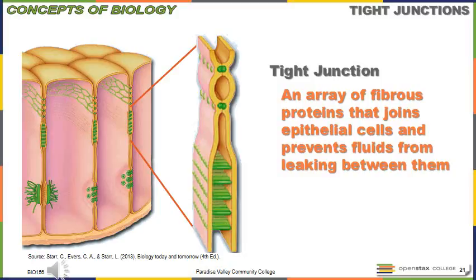You can see that there are spaces, and each cell sits within an exterior liquid called the extracellular fluid, or in medicine we often call it interstitial fluid or extracellular fluid. So each cell sits in that.